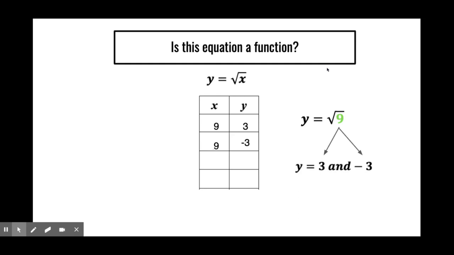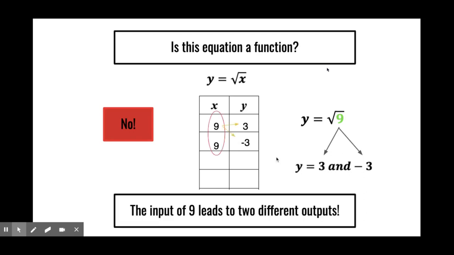Now if I add that to my table, do we think this is a function, that when the input is 9, its output is 3 and negative 3? No. This does not represent a function because the same input gave you 2 different outputs. Here the input of 9 leads you to those 2 different outputs, and here we see the mapping of it to help prove it as well.